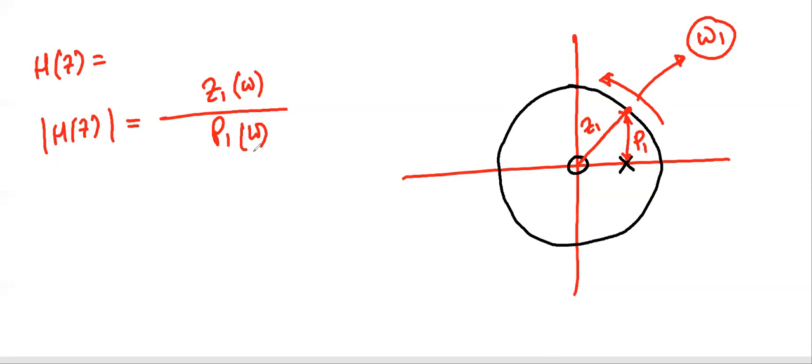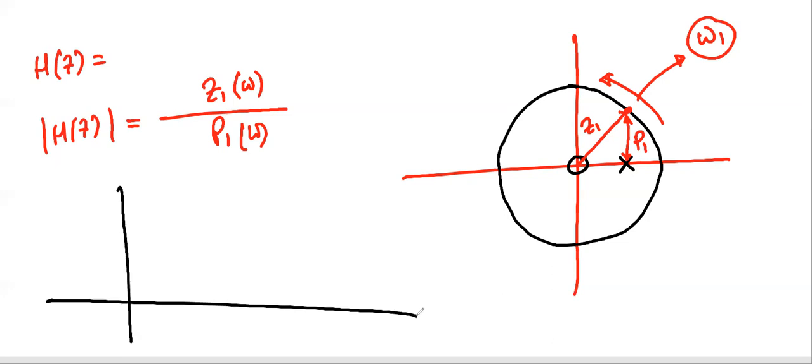So let me draw this in the magnitude response curve. Reminder: this is omega equals 0, this is pi by 2, this is pi, this is thrice pi by 2, and this is again omega equals twice pi.